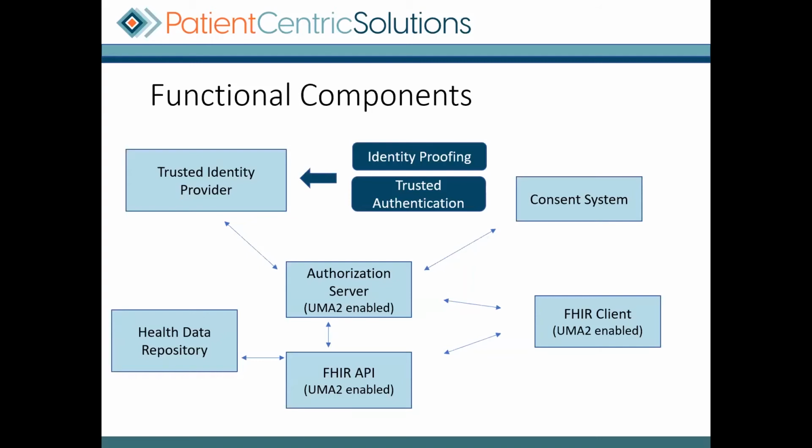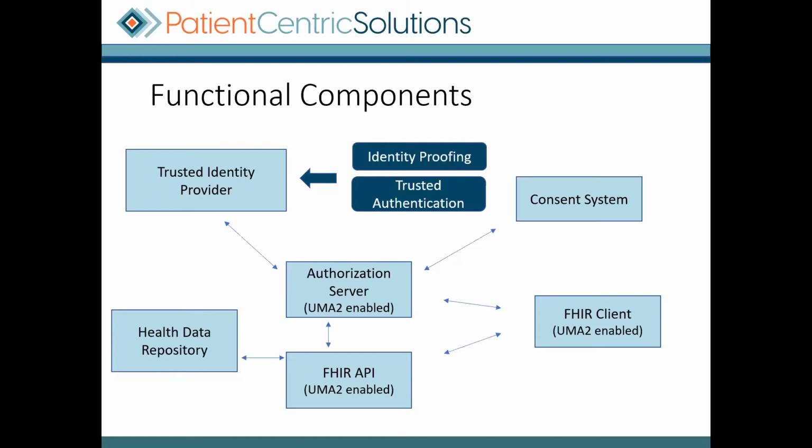It might be an HIE, an EMR, a portal, a community of care, an immunization repository. And then to the lower right, it's basically a FHIR API. It's a server. In this particular case, it's UMA2 enabled in order to be able to support the computable consent. And that's tied together with an authorization server.